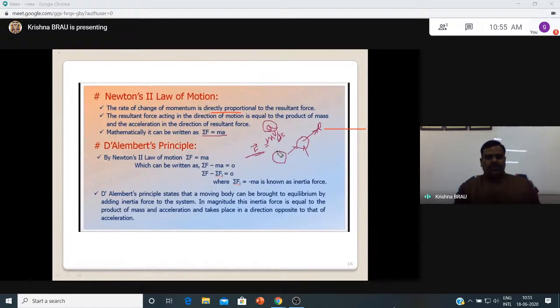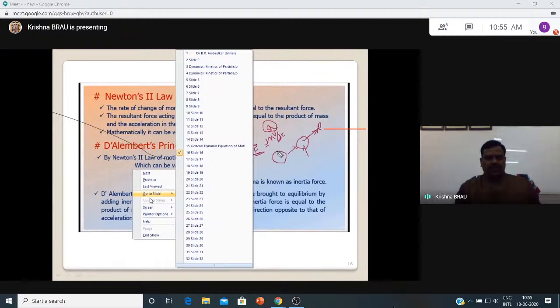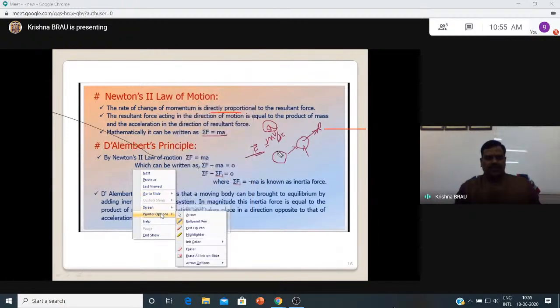You can see that D'Alembert's principle can be represented as per Newton's second law, force is equal to ma.